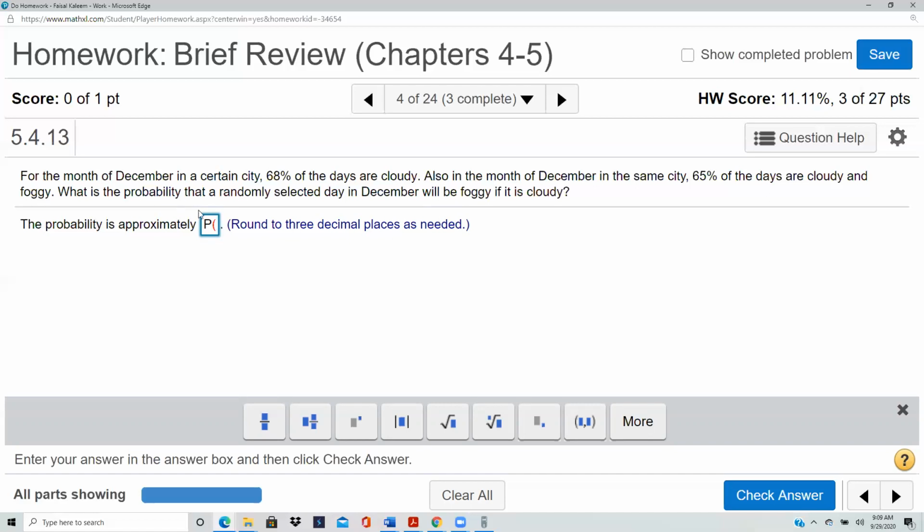What is the probability that a randomly selected day in December will be foggy if it is cloudy? Is there any word in this part which I can replace with the word given? Would it be randomly? No, no. Then probability? No.